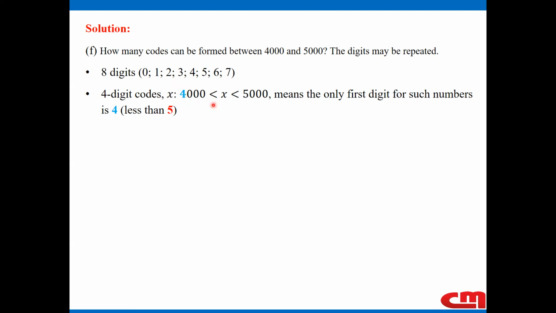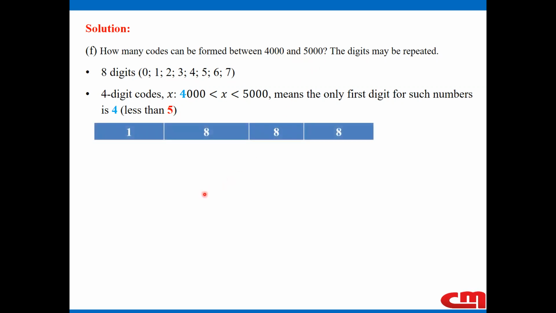It cannot be 5 or less than 4. When it's greater than 4, it's 5, but it cannot be 5. So it is 4, which is less than 5. That's the first digit for such codes.